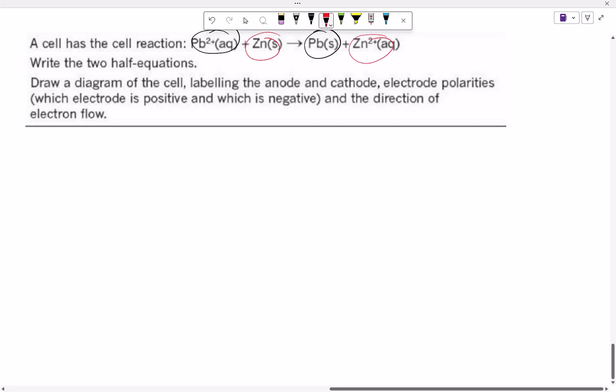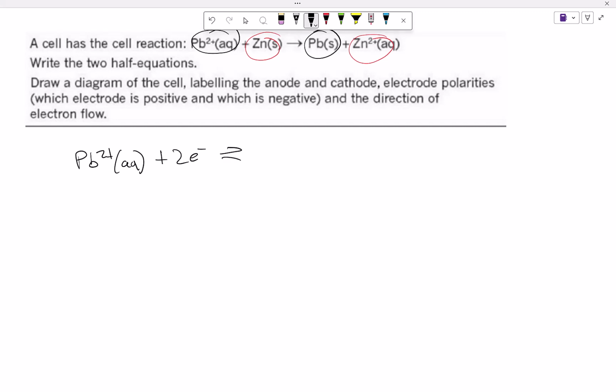You're going to write Pb 2 plus aqueous, plus 2 electrons, gives me Pb solid.